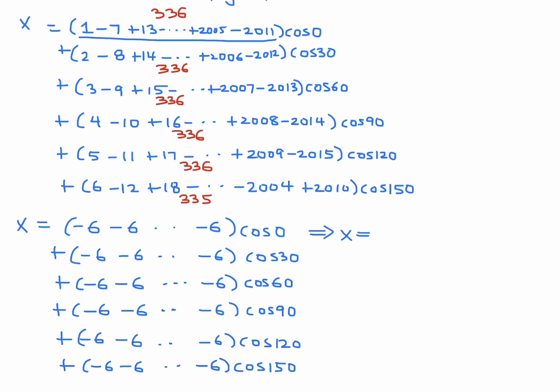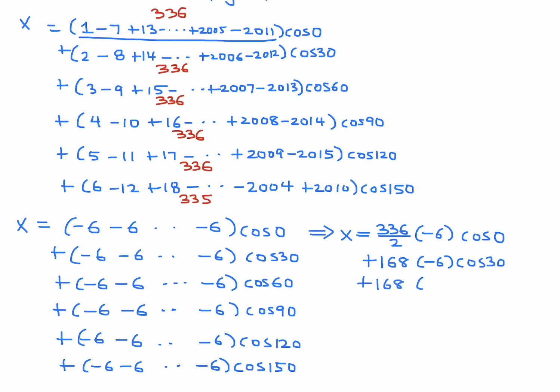So that means these guys, there's 336 divided by 2 of those negative 6's, because to get a negative 6 you had to combine 2. So since there was 336 terms, there's 336 divided by 2 of those minus 6's. So cos 0. And similarly, it'll be 336 divided by 2, which is 168, times minus 6, cos 30.